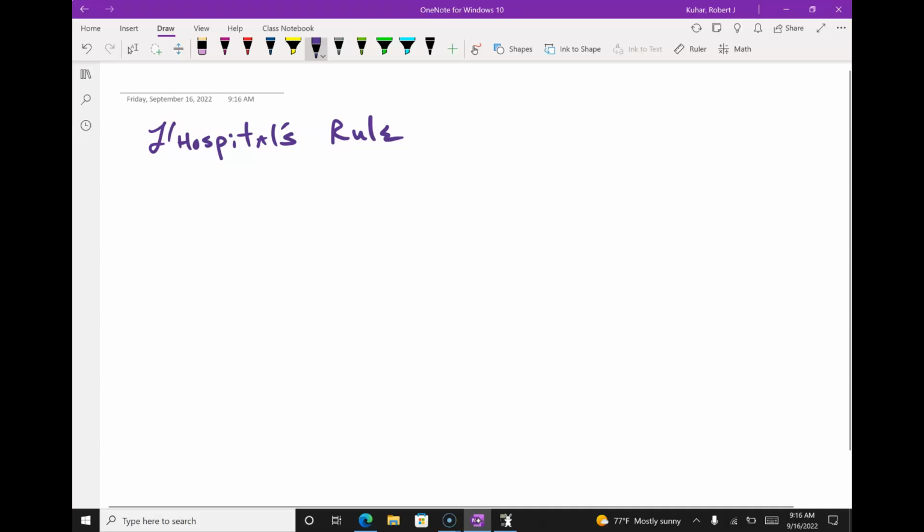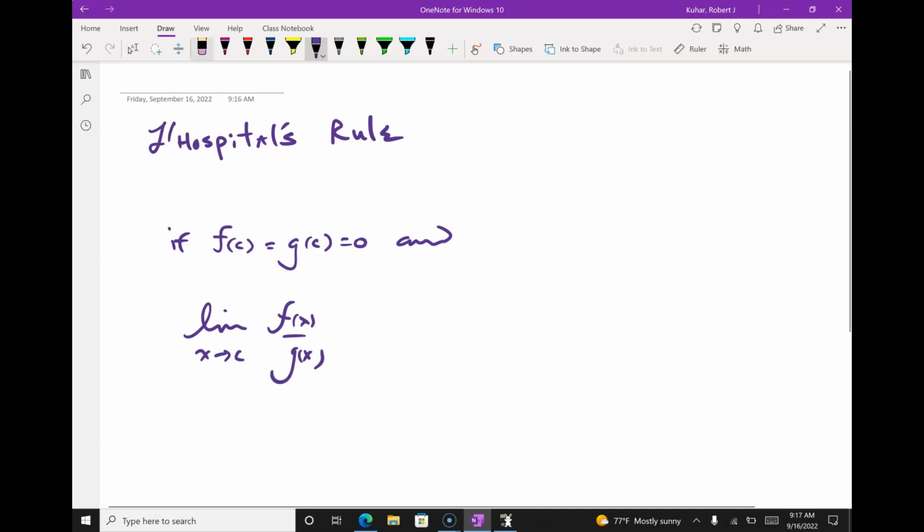So it says that if f of c equals g of c equals 0, and the limit as x goes to c of f of x over g of x, then is equal to the limit as x goes to c of f prime of x over g prime of x.